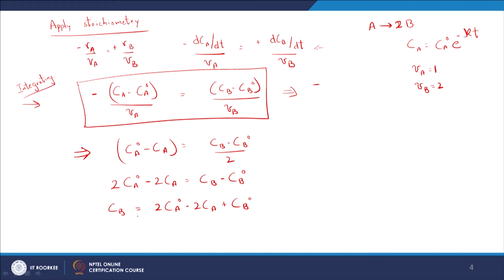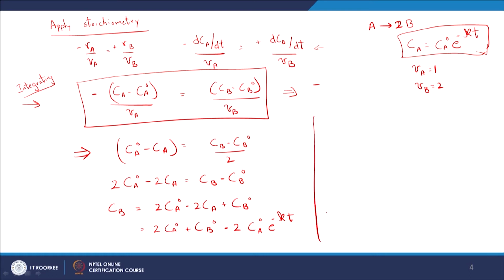That would then mean 2 times Ca naught plus Cb naught minus 2 times Ca. We know that Ca is equal to Ca naught into e power minus kt, so plugging that in here, Ca naught into e power minus kt. This is what we have.